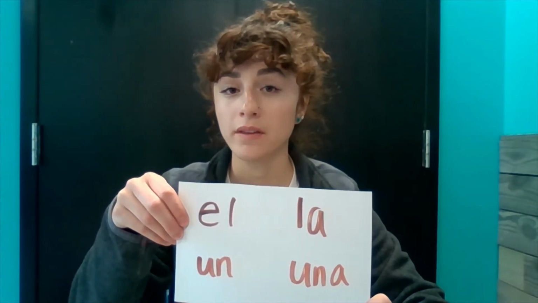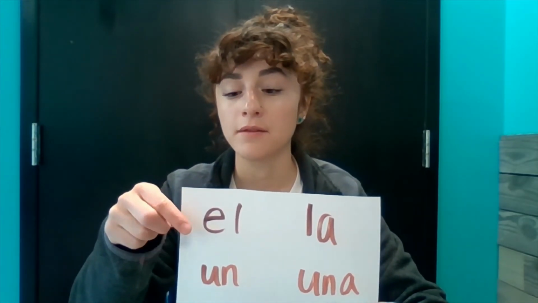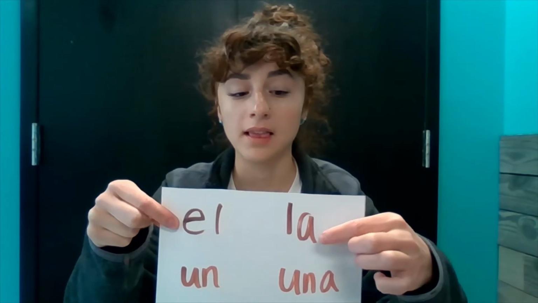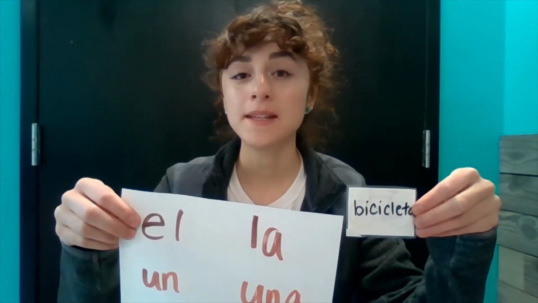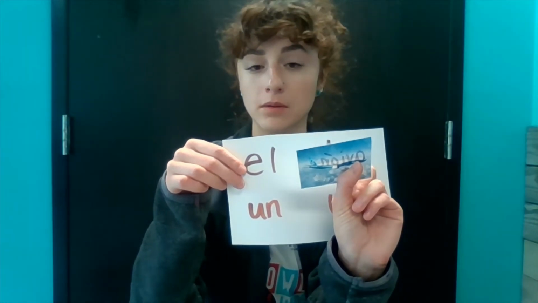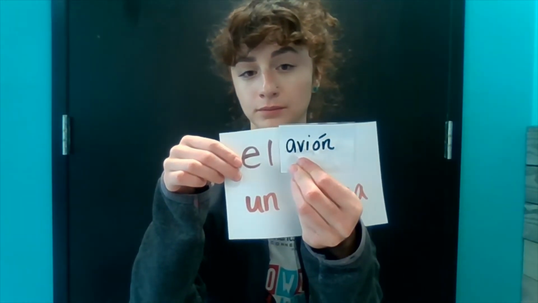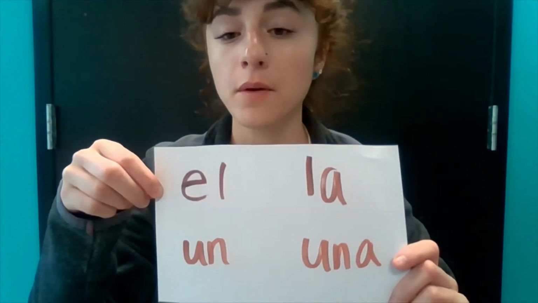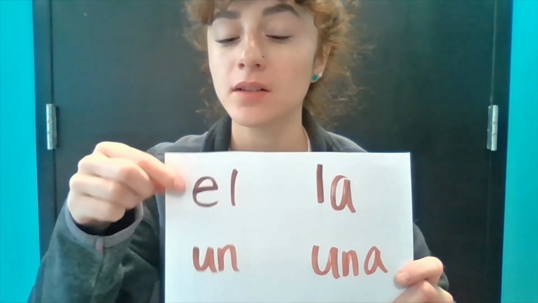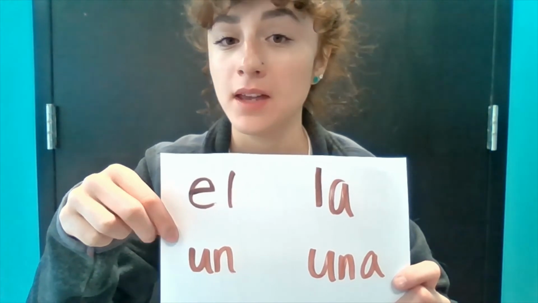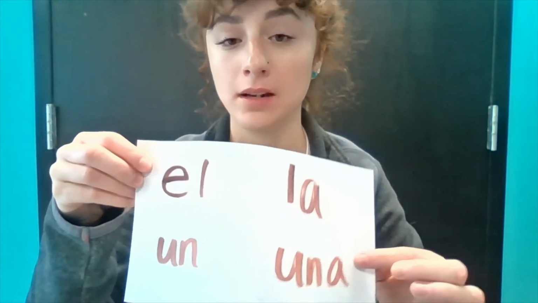Each vocab word that we went over will either have an el in front of it or a la in front of it. For bicycle, it would be la bicicleta, but for airplane, it would be el avión. Generally, if a vocab word ends in an O, it's going to use a masculine article, but if it ends in an A, it'll use a feminine article.